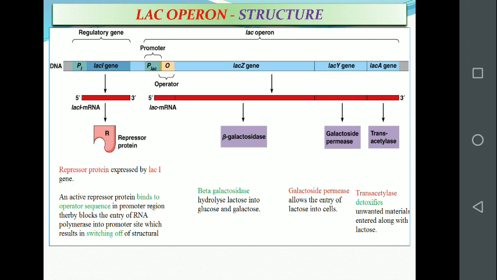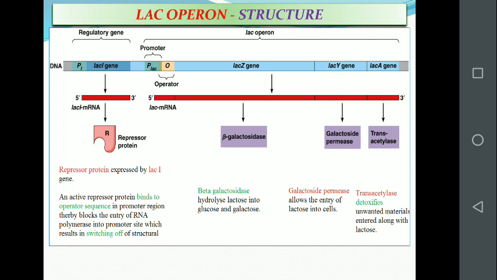Suppose we take the bacterial culture of E. coli cells, and if we add lactose to the medium, then what happens? First of all, they take up the lactose into the cell, then it will hydrolyze the bond between the glucose and galactose. The glycoside bond will be hydrolyzed, so that the glucose and galactose will be separated.